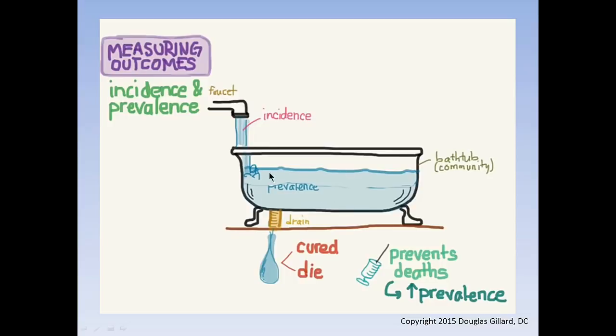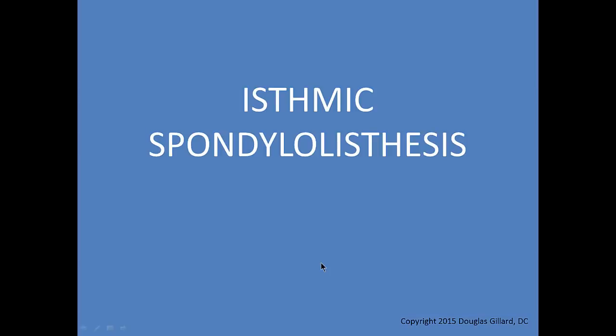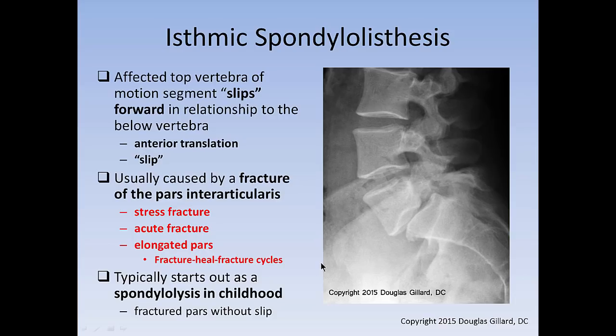Prevalence is the population. It's always going up. The only way the prevalence decreases is you're either cured through surgery or treatment, or you die. Well, in spondylolisthesis, the only way you're cured really is through fusion, because conservative care might help your symptoms, but it can't fix the spondylo.